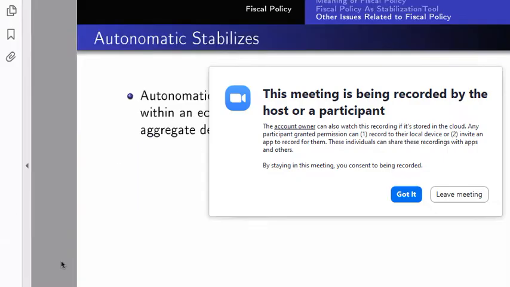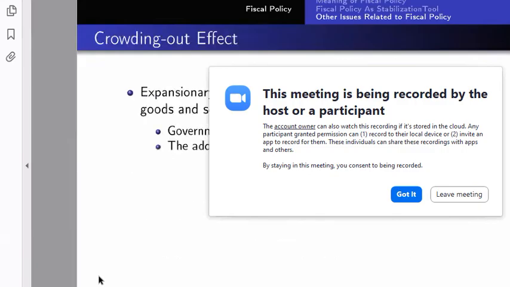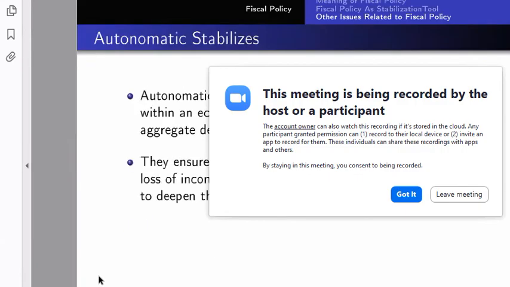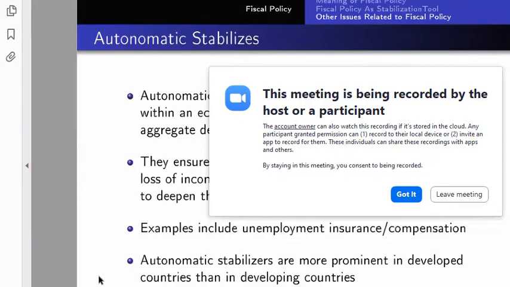So now let's look at some other issues related to the tax multiplier. We have just 2 slides to complete. There is this thing called automatic stabilizers. Automatic stabilizers refers to inbuilt fiscal mechanisms within an economy that dampen the effects of fluctuations in aggregate demand or output.